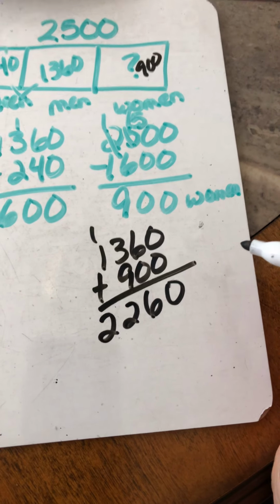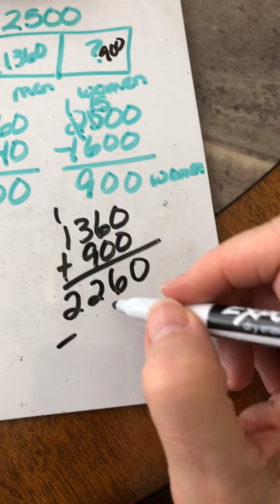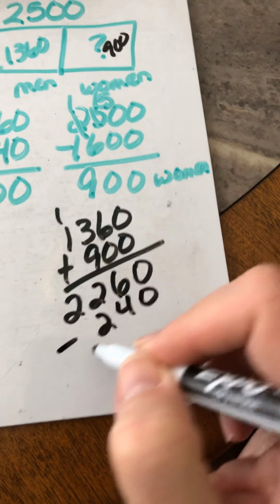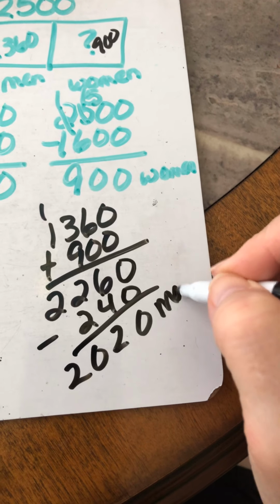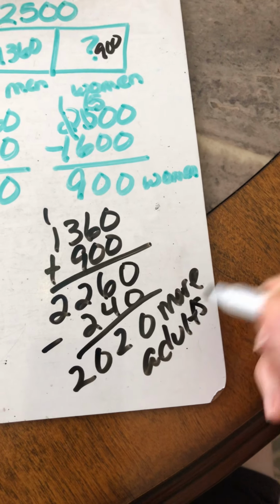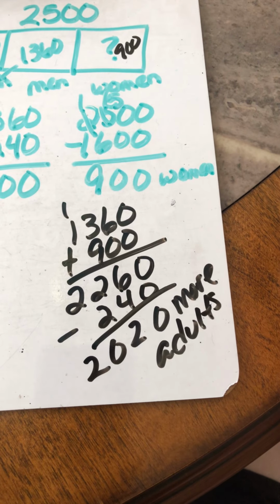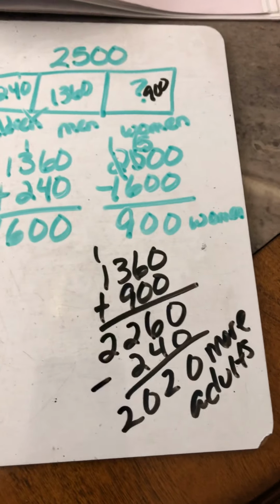How many more adults were there than children? Well, take the 240 children off. So there were 2,020 more adults than children. Again, if you come across any of these and they don't make sense, please let me know.